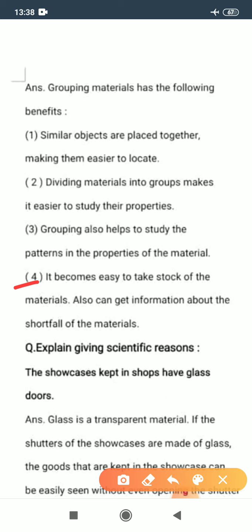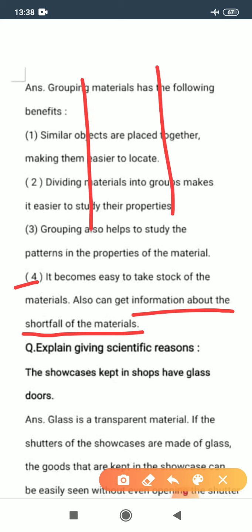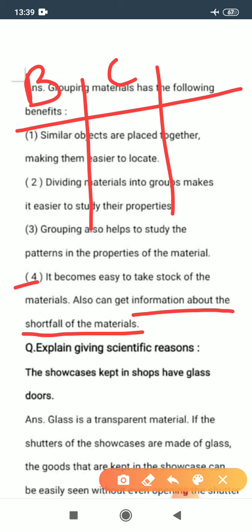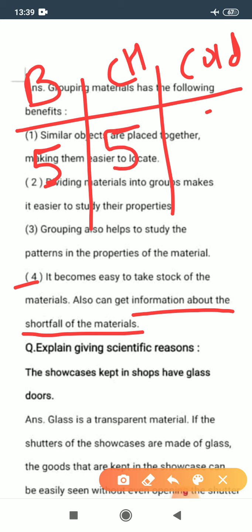Point number 4, it becomes easy to take stock of the materials. We can also get information about the shortfall of the material. Suppose I have divided biscuits in the first group, chips in the second group, and cold drinks in the third group, with 5 biscuits, 5 chips and 5 cold drinks.